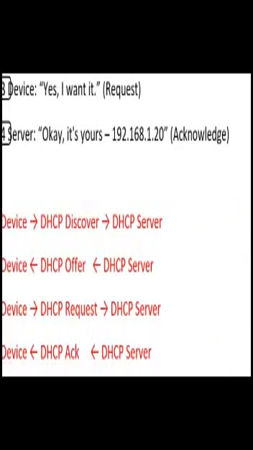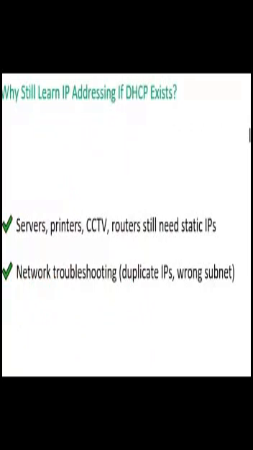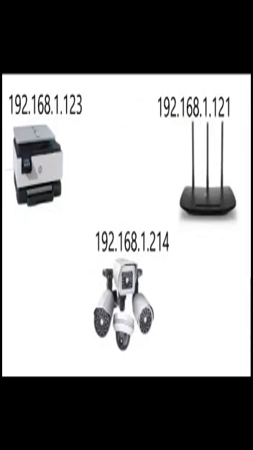Well, you will wonder why we still need to learn IP addressing if we have a server called DHCP that gives out or allocates IP addresses automatically. So here are the reasons. Number one, servers, printers, CCTV cameras, routers, they still need static IPs.